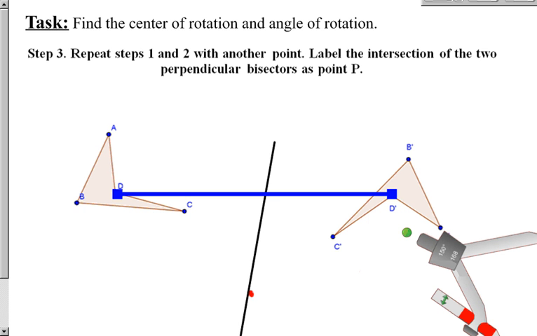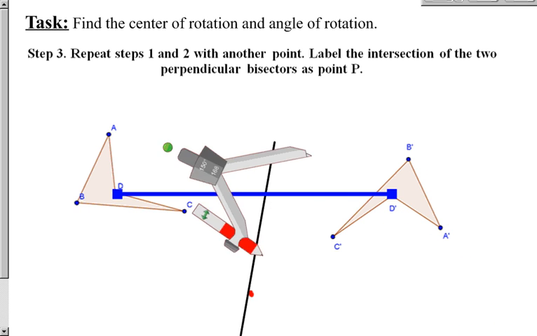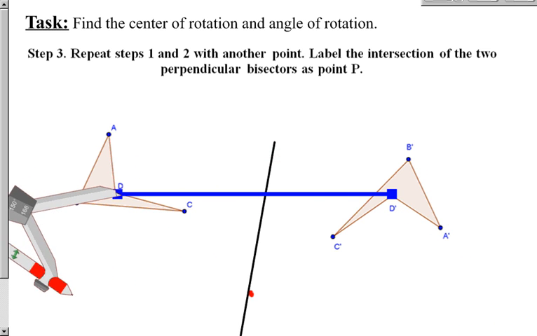So D to D prime, and once again, step number 2 said to construct a perpendicular bisector. So let's do the same thing right there.